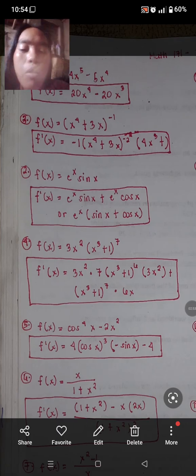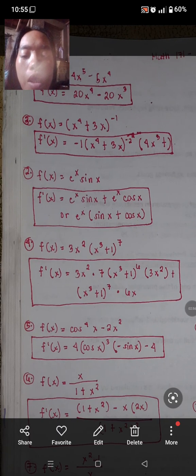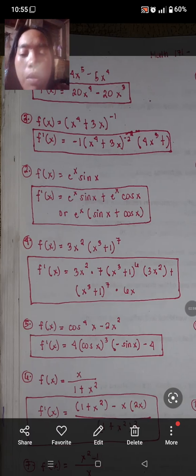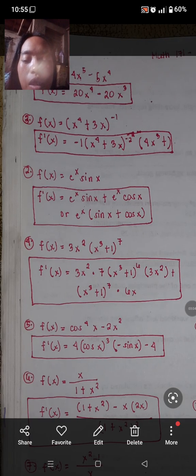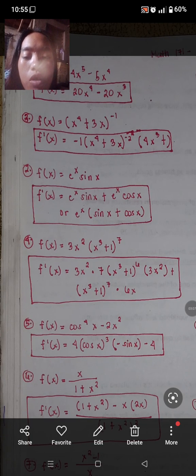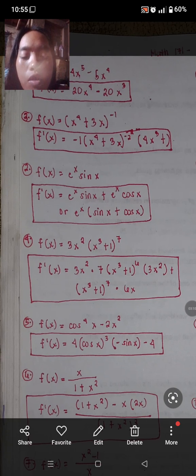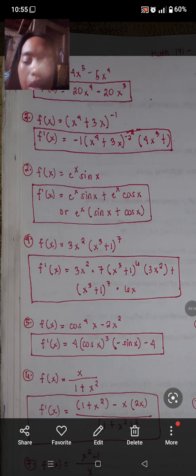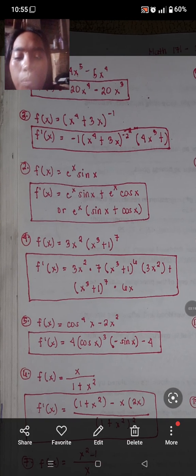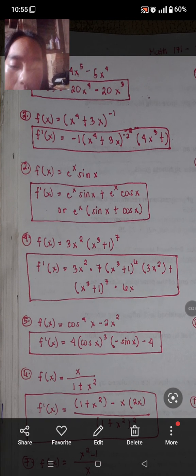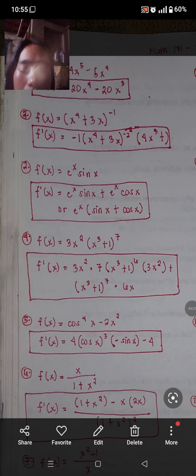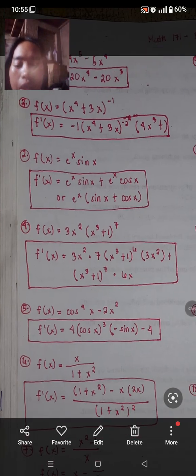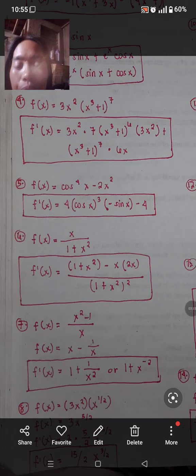This involves the chain rule, so it would be x cubed plus 1 to the 6th power, because 7 minus 1 is 6, and then the derivative of the inner function inside the parentheses, which is 3x squared, plus the inner function again, x cubed plus 1 to the 7th, minus 6x times 6x. Alright, so let's move on to number 5.